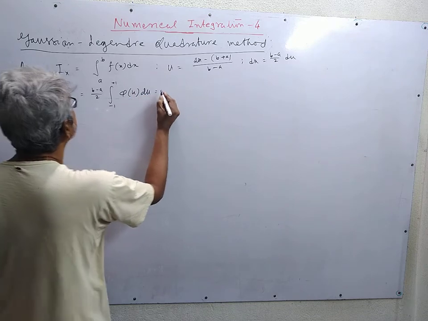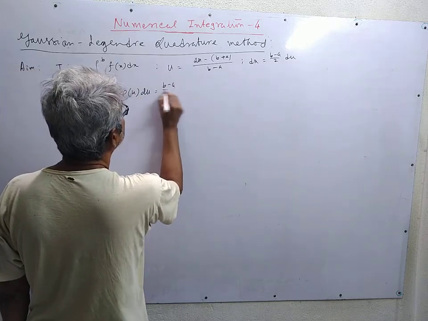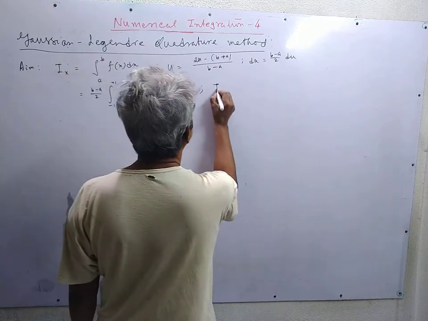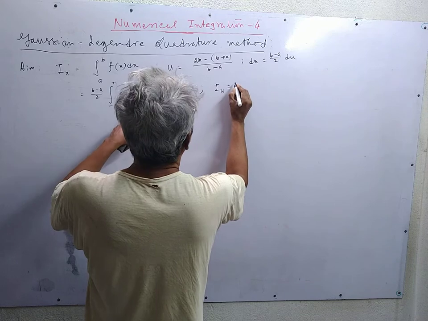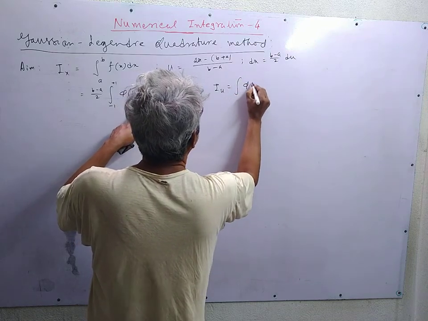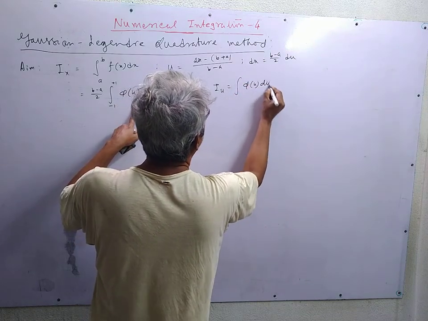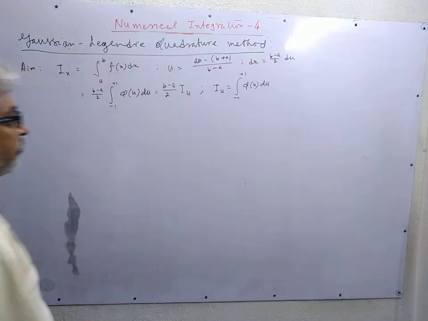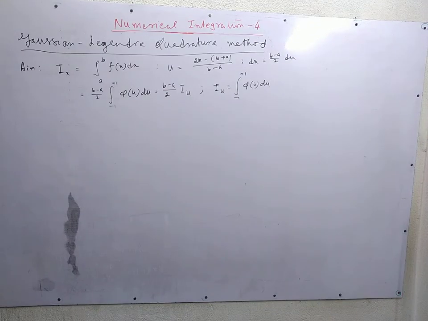We call it b minus a by 2 I of u, where I of u is the integrand in terms of u. Since we have converted the interval from a to b to minus 1 to plus 1 and u is a continuous variable, we are heading towards the Legendre polynomial.